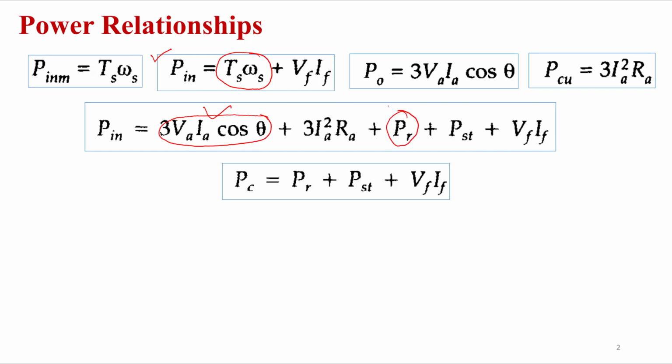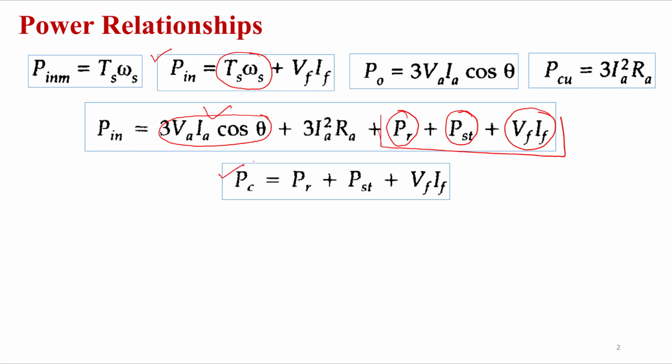If your generator is rotating at constant speed, then I can say Pr is constant. Pst, stray load loss, is also constant, I can assume, if there is no much fluctuation or transient in the supply. Then VfIf is also constant, right? So considering these three terms, I can say that this is the constant loss in the system.